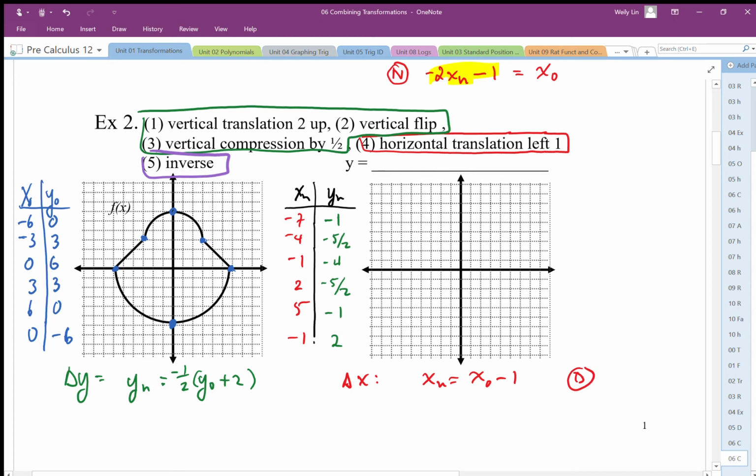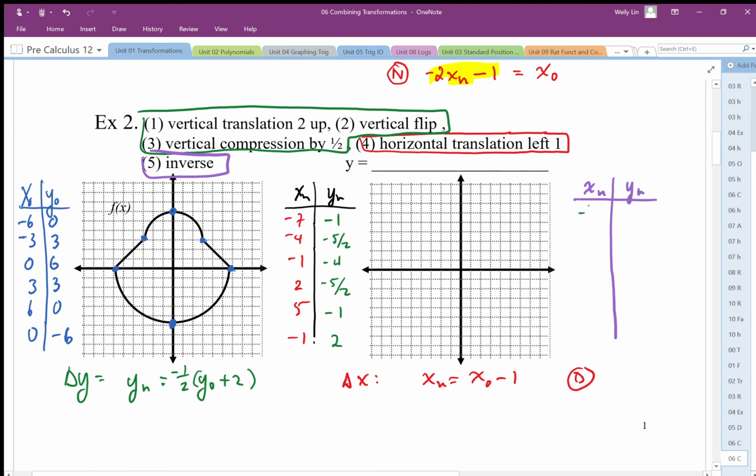So I'm going to do the last transformation here, which is going to be my inverse. So my inverse then is going to involve switching my x and y. So all my y's become x's, and all my x's become y's.